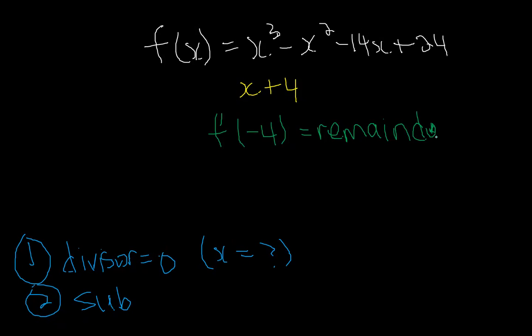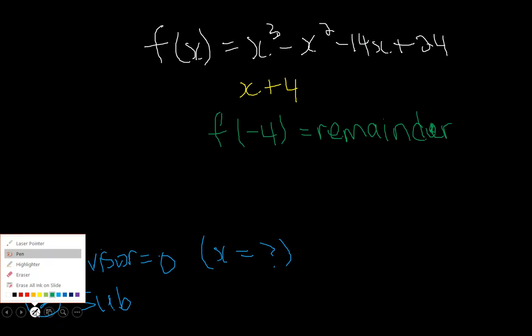So let's see if the remainder is equal to 0. Remember I showed you, because they use the word show, we know that this x plus 4 is a factor of this, right? So if you get an answer that is not equal to 0, you did something wrong. Check it over. Okay.